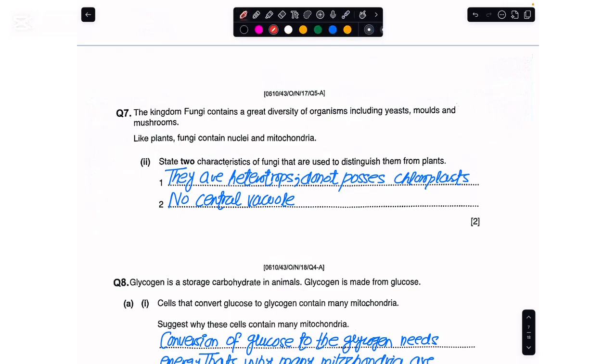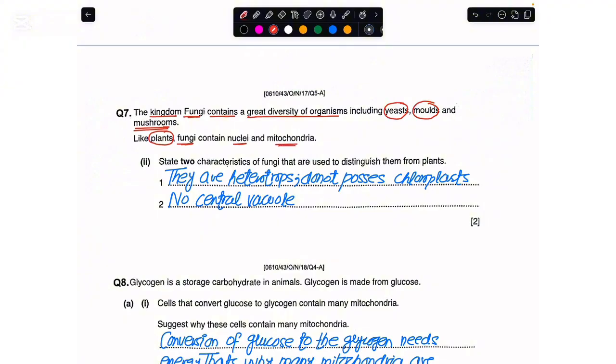Now, if we come on to question number 7, they say that we have the kingdom fungi, and this contains a great diversity of organisms. Among the fungi, we have the yeast, then we have the molds, and then we have the mushrooms. And then they ask that, like the plants, the fungi also contain nuclei and mitochondria.